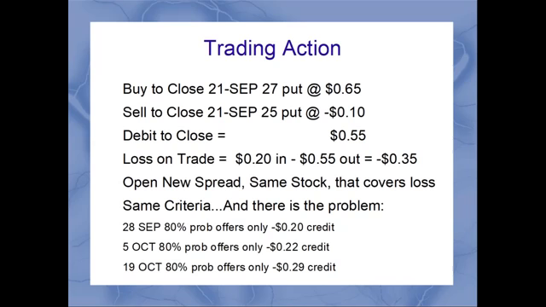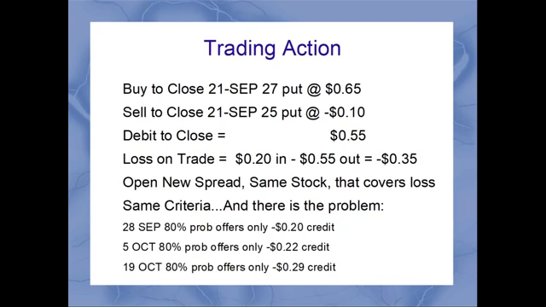Rolling out to the 80% probability, which would have been a 25-23 spread for September 28th, only offers a 20-cent net credit, 1 week beyond our initial expiration. Going out to October 5th was only a 22-cent net credit, and going out to standard October expiration, almost a full month away from where I am now, offers only a 29-cent net credit.